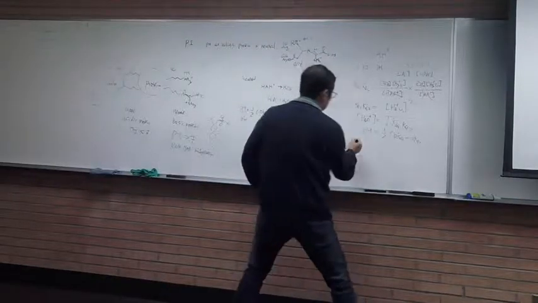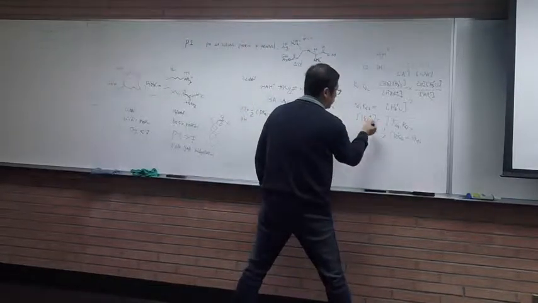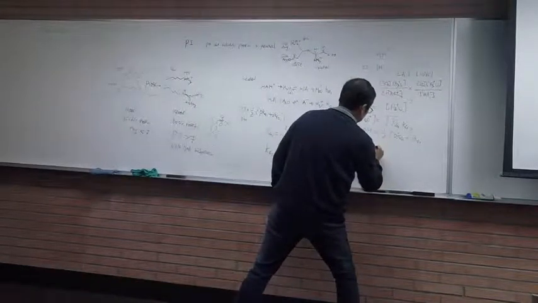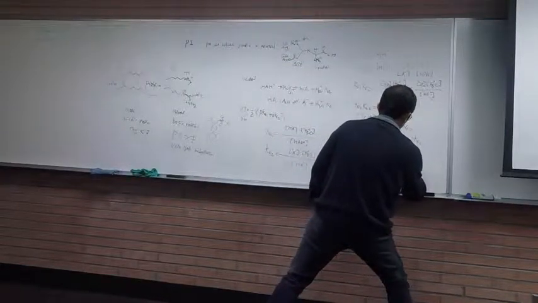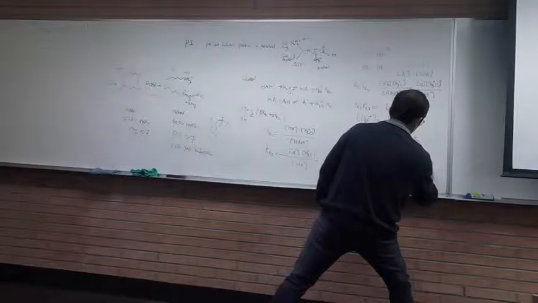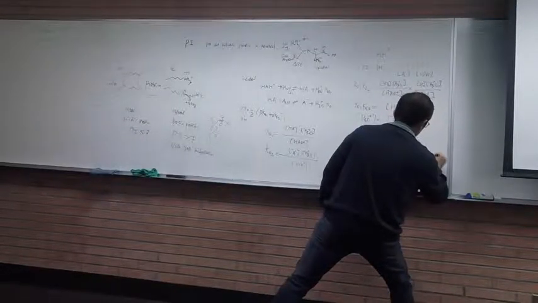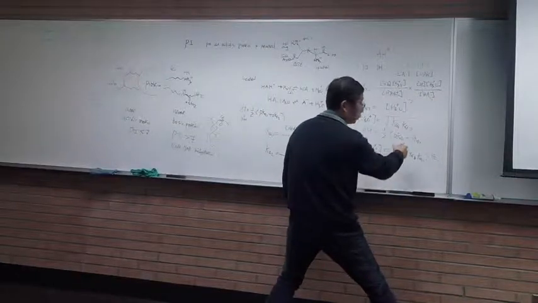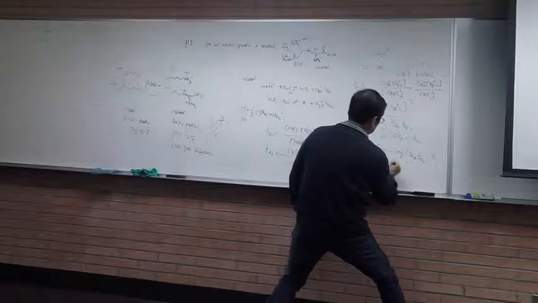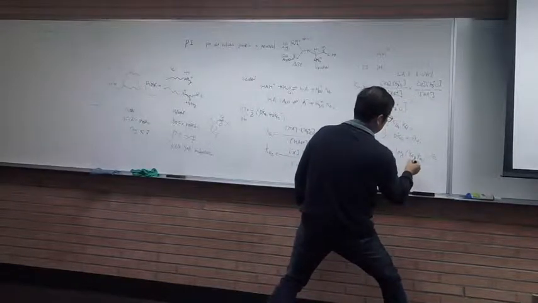Okay, so pH is, now we assume the concentration is, so negative log square root basically is, so then this is pH, this is basically pKa, one half of log Ka.